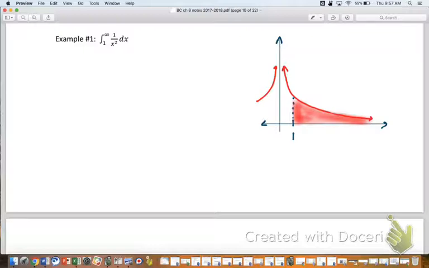My first step really ought to be this: the limit as b approaches infinity of the integral from 1 to b of 1 over x squared dx. This might seem like a minor step because we're so used to limits behaving in a certain way. I've just translated this improper integral into a proper integral with a limit making one of the integral's limits go towards infinity.